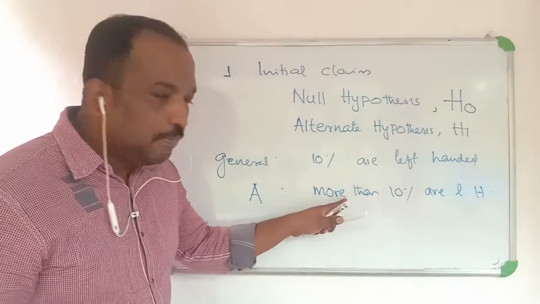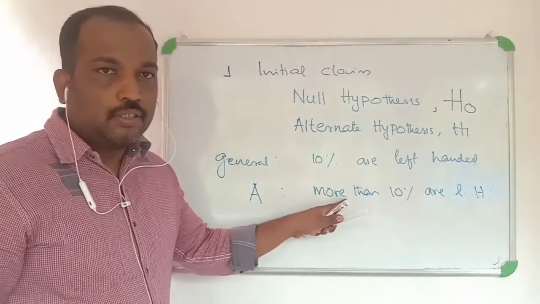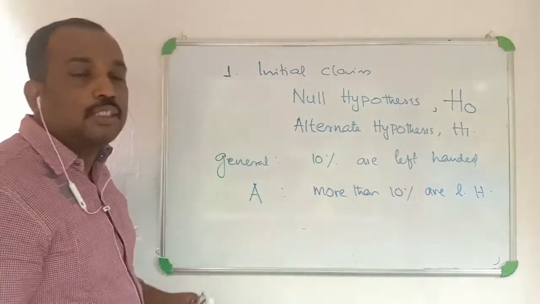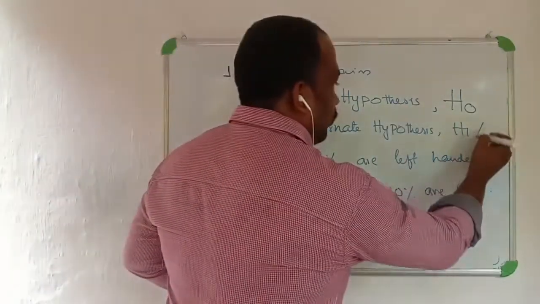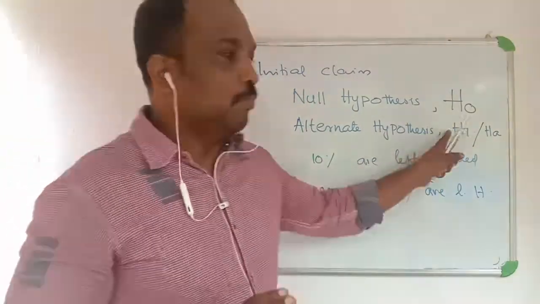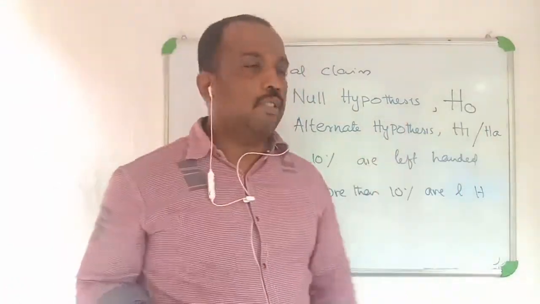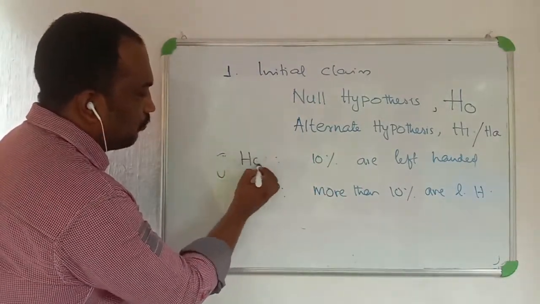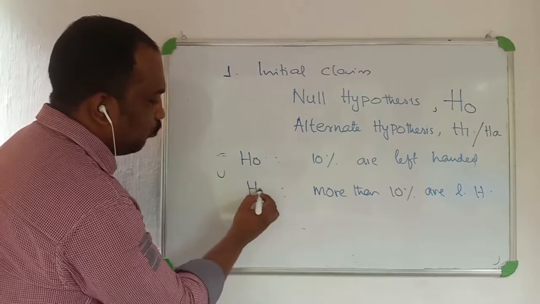So a new claim is formed here, named the alternate hypothesis, H1. It's also denoted with HA, but here we are going to denote H1, because 0 and 1 are almost similar. So we call this claim H0 and this one H1.